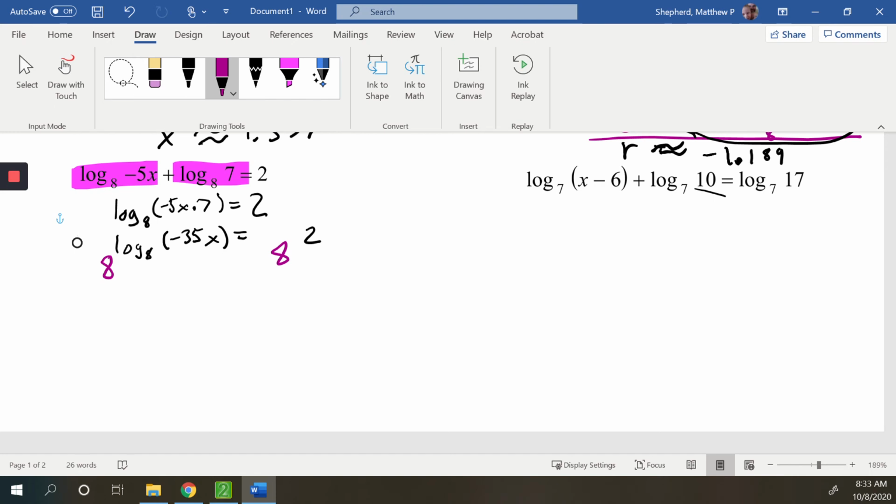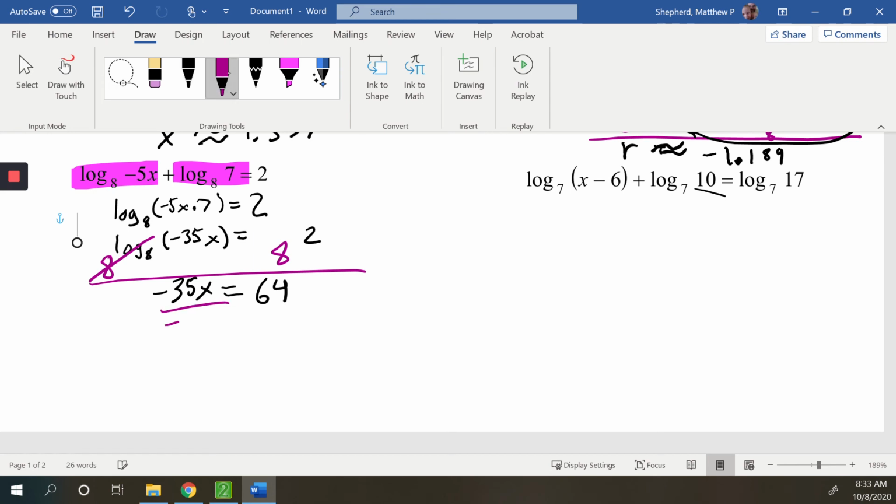And the right-hand side becomes 8 to the power of 2. The entire side of both expressions is going to become the exponent of my base 8. Now my base 8 and the log base 8 eliminate, leaving me with my negative 35x, which is going to be equal to 64.